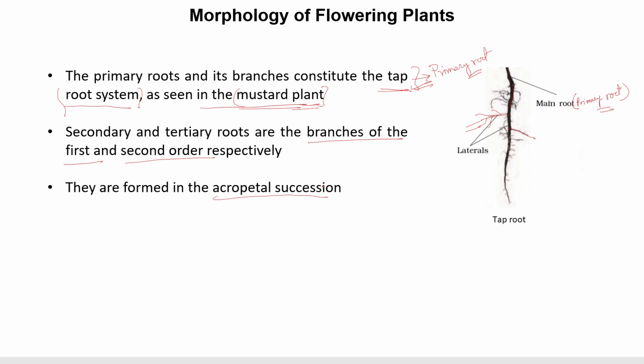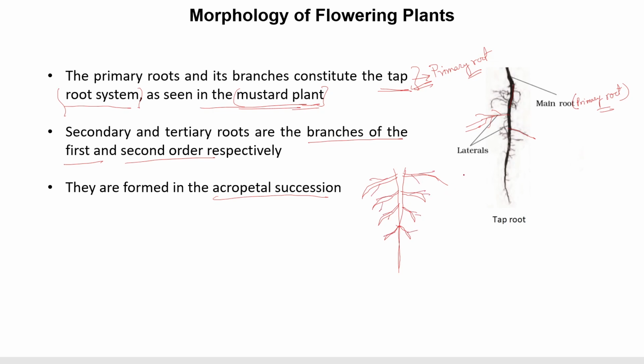So now, suppose I'm drawing a root. This is a taproot or the primary root. Now it will give certain order of roots like this. Secondary roots. This is also secondary roots. Secondary roots like this. Now it will give tertiary roots.